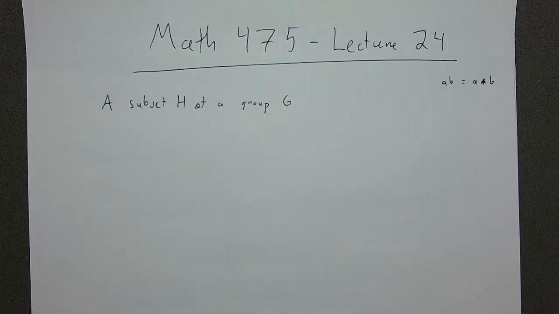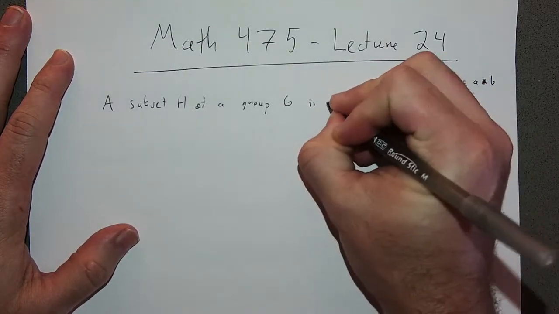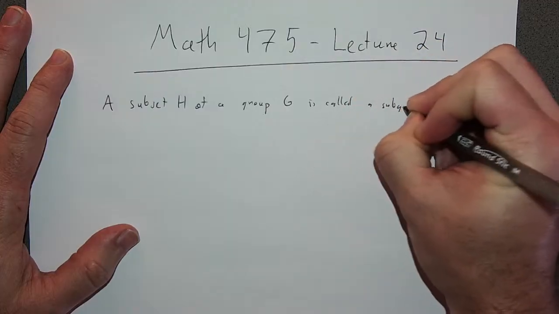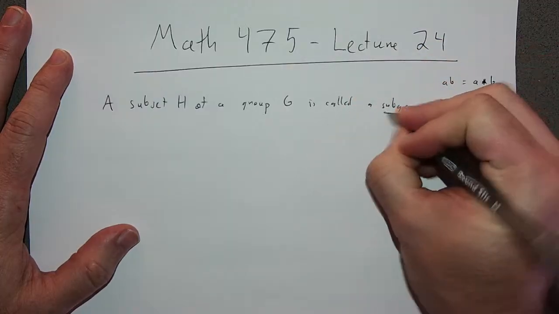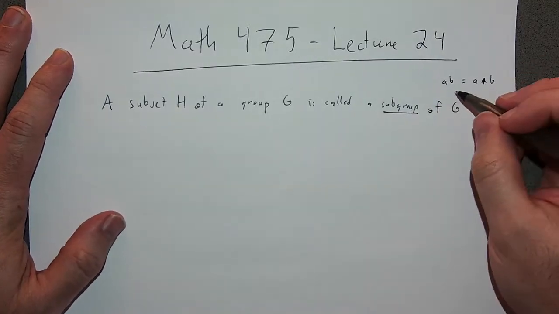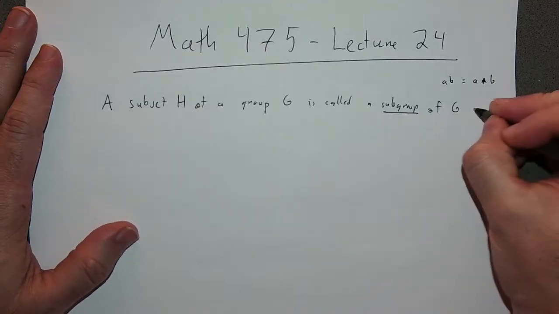Okay, so just like I mentioned, now we're at a point where when we say we have a group G, we're not going to write out what the symbol for the operation is typically. So you're assuming that there is some group operation that has all the properties it needs to. A subset H of a group G is called a subgroup of G if it is itself a group with respect to that same binary operation.